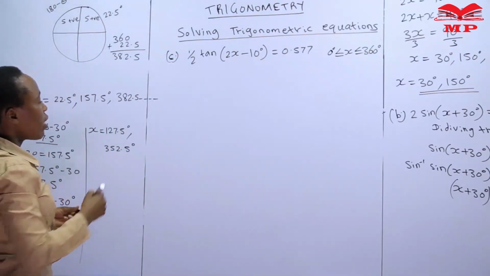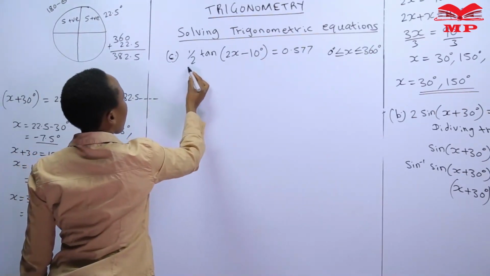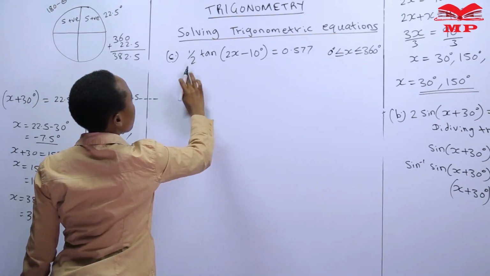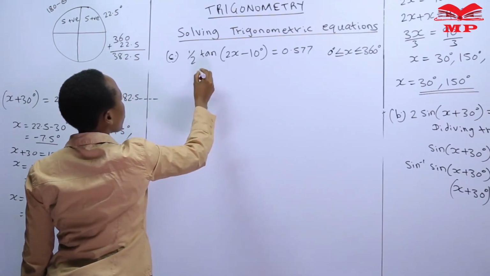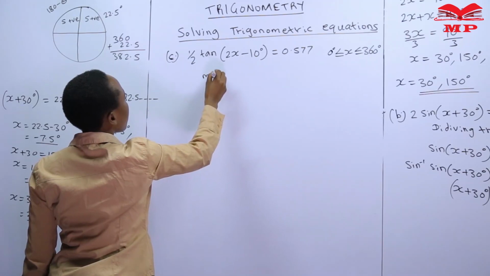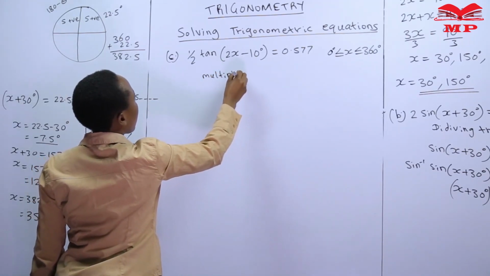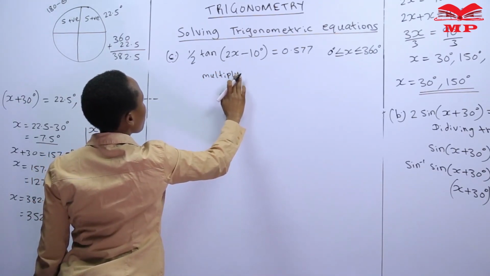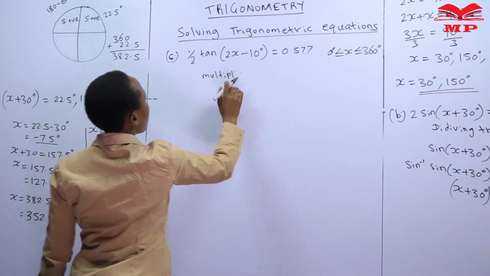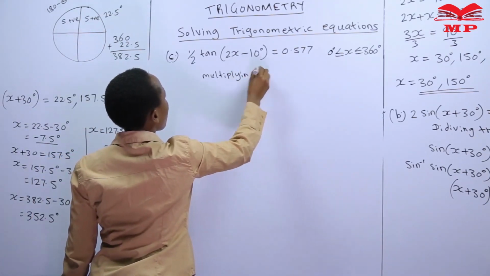Again, we can remove this fraction by multiplying through by 2, not a half.